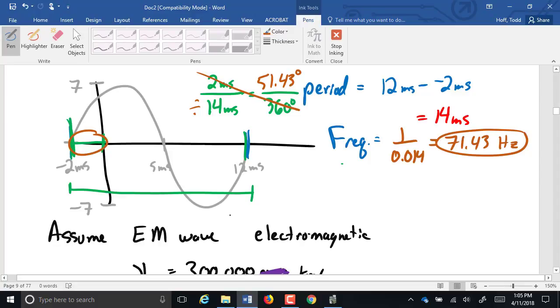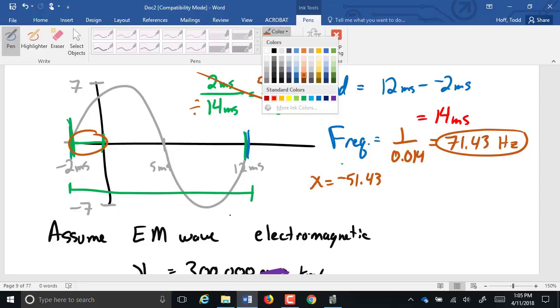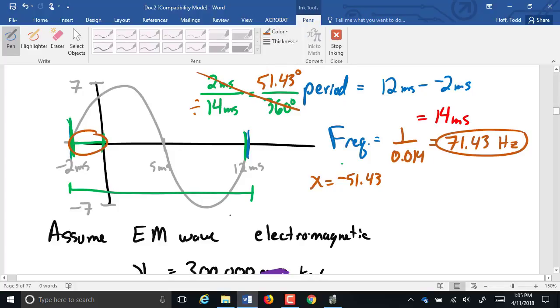degrees. Is that a plus or a minus? Well, if we're not sure, let's set x equal to negative 51.43, but we want that to be solved so it's equal to 0, right?